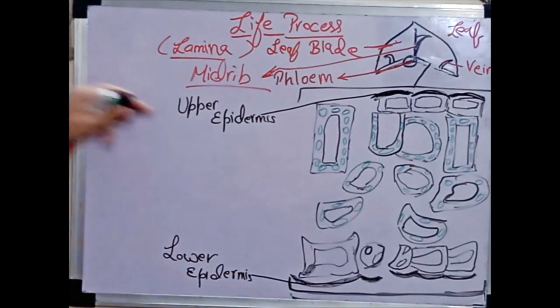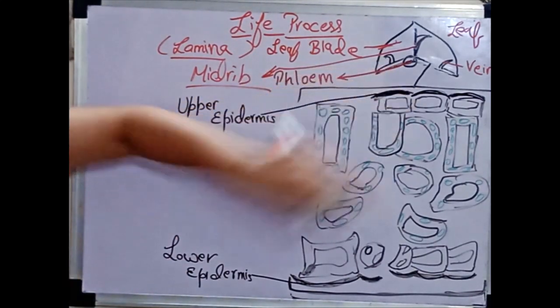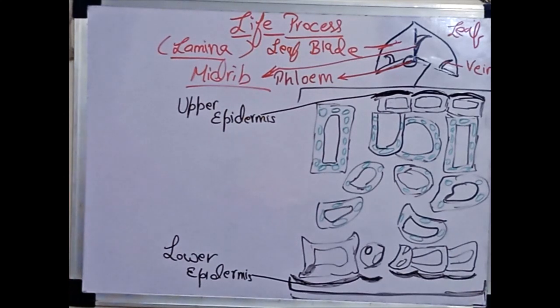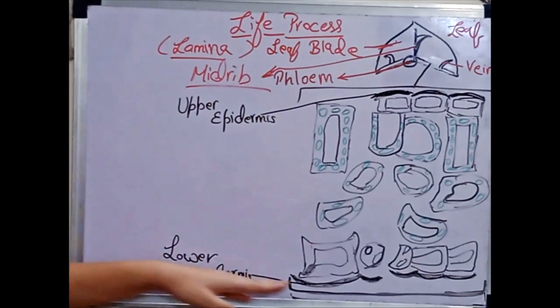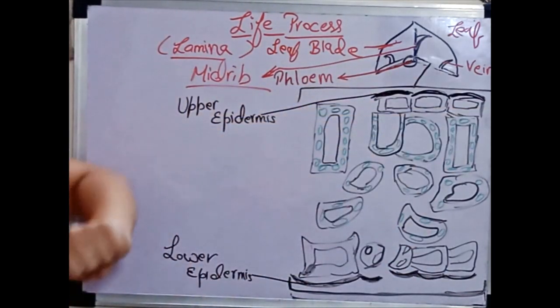So we have upper epidermis, we have lower epidermis. What is the use of this epidermis? If you remember your class 9th, this is just like a protective barrier, you can say. It protects our leaf. So epidermis, upper epidermis and lower epidermis are a must. This is easy to remember.